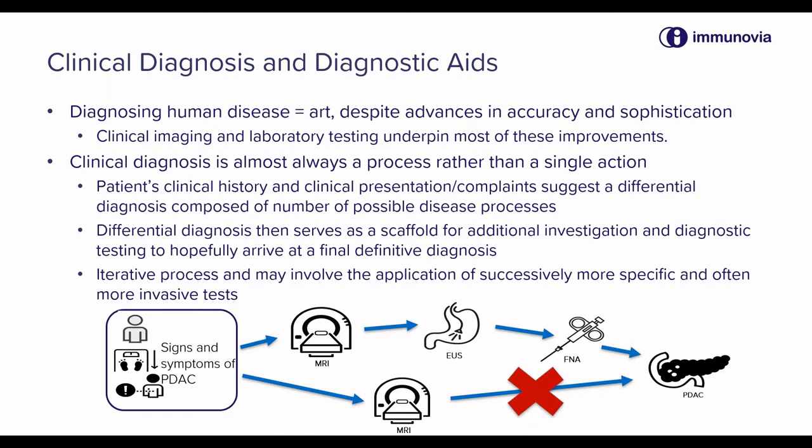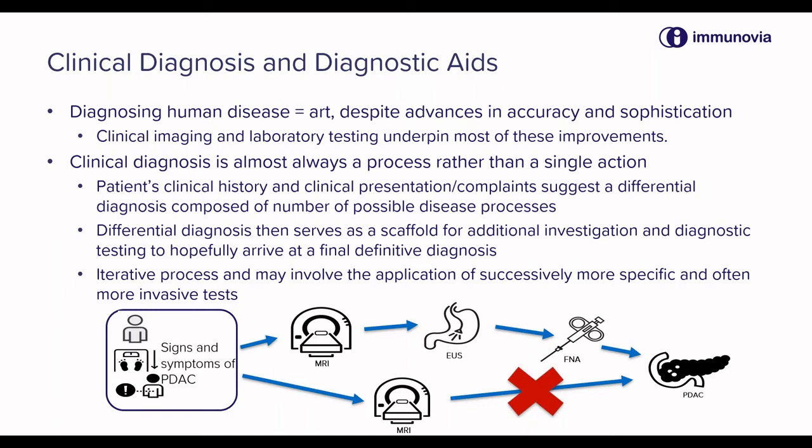Typically, a patient's clinical history and their clinical presentation or complaints will suggest a differential diagnosis to their clinicians. And that differential diagnosis is really a list of all the possible disease processes that could be responsible for those changes. It's very important for the clinician to consider a wide differential diagnosis, because if something is left out, it may be missed during the diagnostic process.